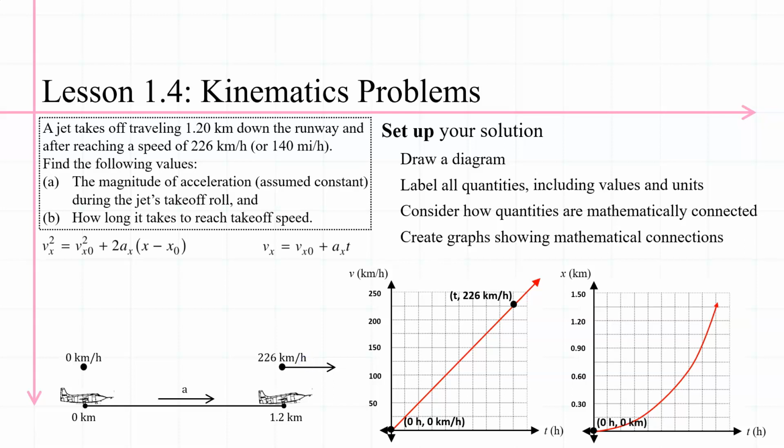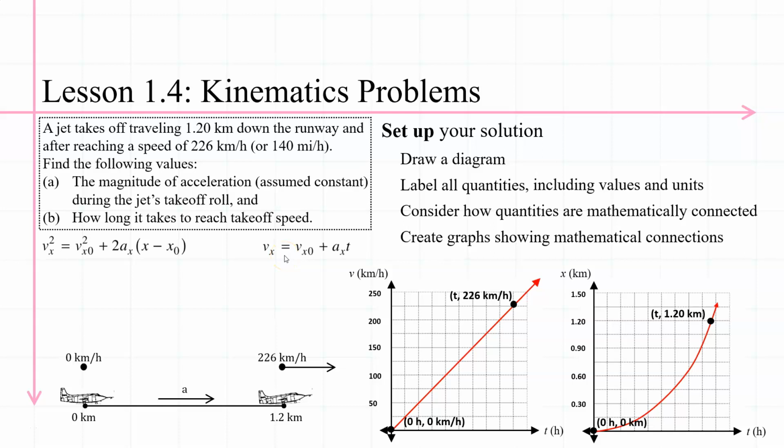I know that 0, 0 is one of my points, and this time it's 0 time, 0 position, 0 distance. And the other point that I know is some time, t, and 1.2 kilometers on my position time graph. Once again, I can't solve this because I don't know the acceleration and I don't know the amount of time. There's two variables, two unknowns.